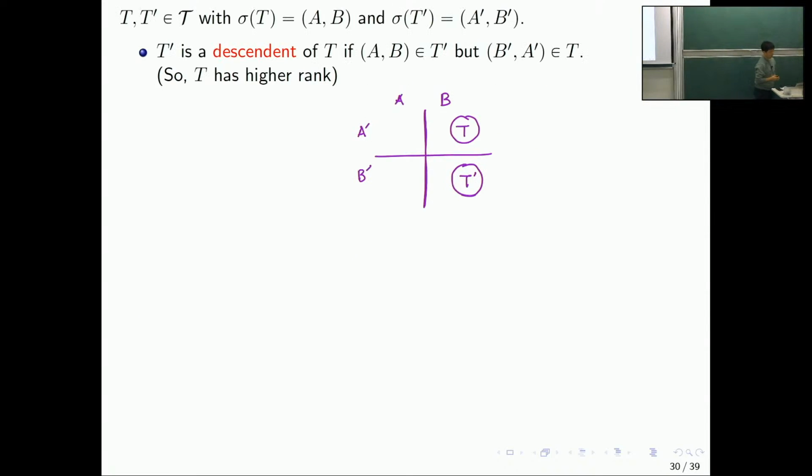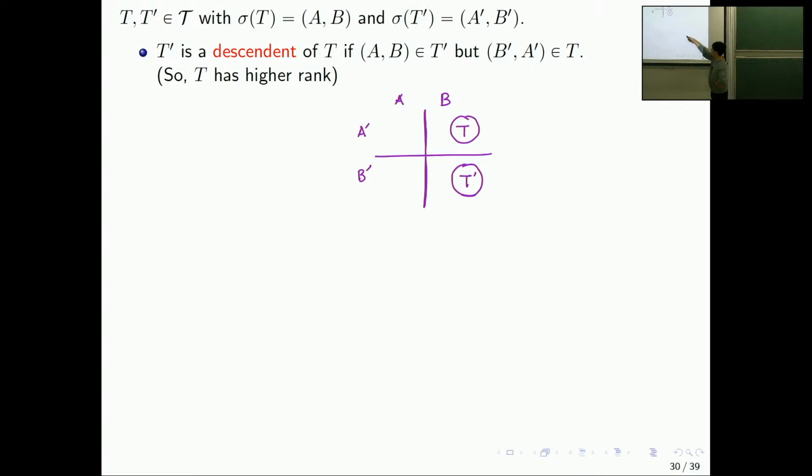So what we actually define is a descendant: if T prime is a descendant of T, so let me say that sigma T is (A, B) and sigma T prime is (A prime, B prime), we say that T prime is a descendant of T if (A, B) is in T prime but (B prime, A prime) is in T, which means that it looks like this picture.